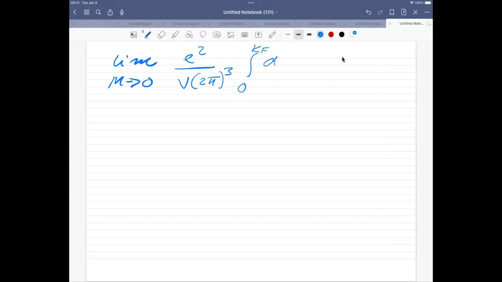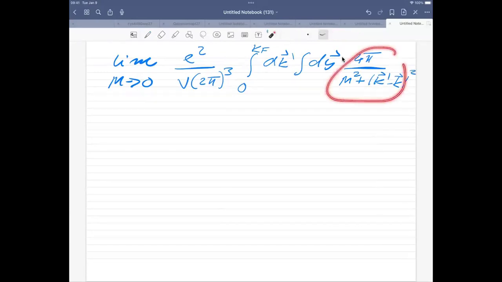So we have an integral over dk prime. And then we have an integral over d of y. And this contains now a 4 pi divided by mu squared plus the difference between k prime and k squared. Now, the last term which you have here does not depend on y. So that means that if I look at the integral over dy, that is simply something which integrates up to the volume which we have.